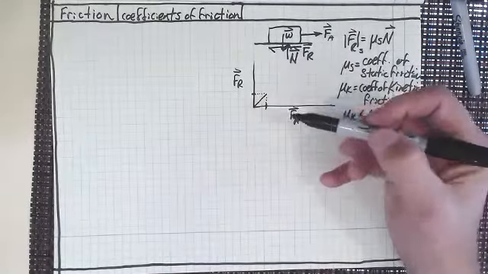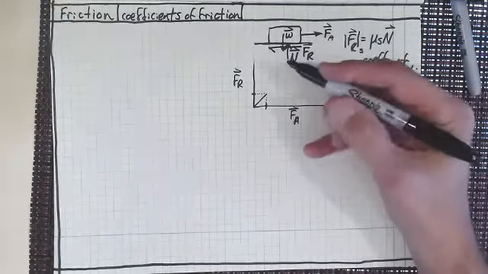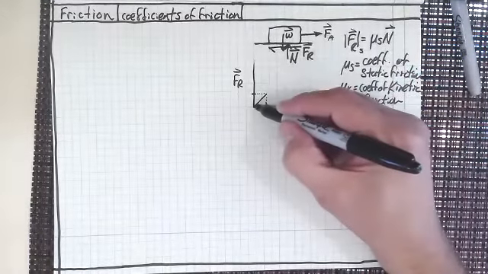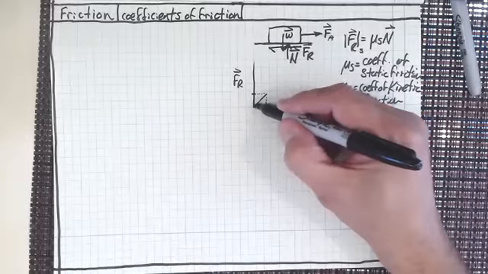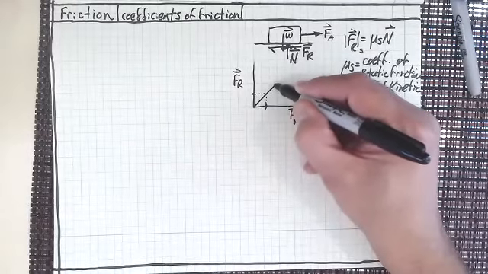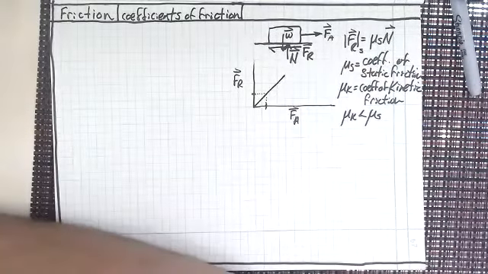And everybody's done this. You're pushing on a file cabinet, or a table or something, and as you push on it, you can't get it to move. So it constantly pushes back with the same force that you're pushing on it until it moves.